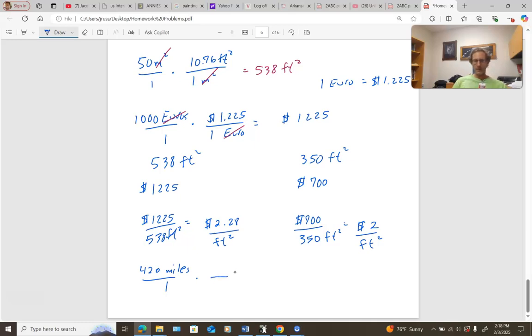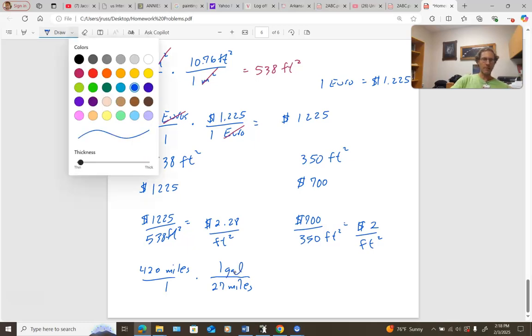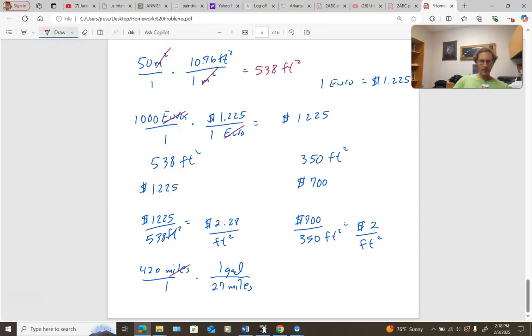Okay. I got to be careful here. I want to put the 27 miles on bottom, and I want to put the 1 gallon on top because I want my miles to cancel. Now I can keep going before I calculate anything. Because what this will do is tell me the number of gallons that I'm going to need to drive 420 miles.